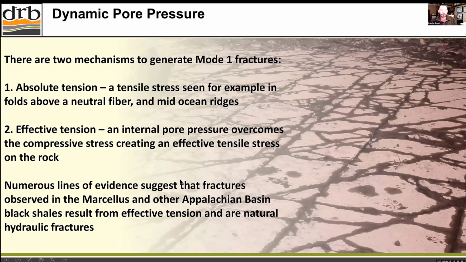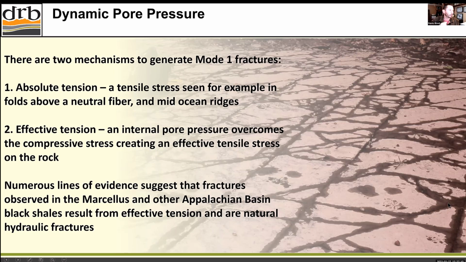There are 2 mechanisms by which you can generate mode 1 fractures. One is absolute tension. It's a tensile stress, and that stress generally occurs in places like mid-ocean ridges and at the hinges of anticlines over a neutral fiber, where the rock is warping this way, and you're in absolute tension above that, and you get these fractures.